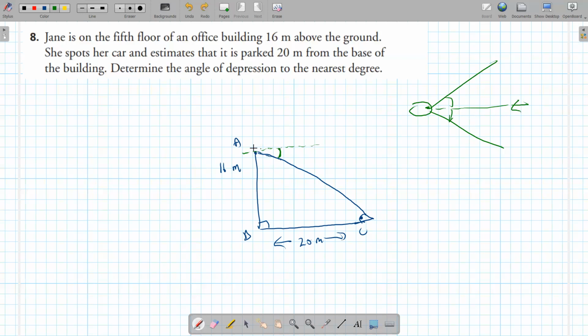Or if you remember parallel lines, how is this angle and this angle related? These 2 lines are parallel. It's gonna be the Z rule, right? How are these 2 angles related?